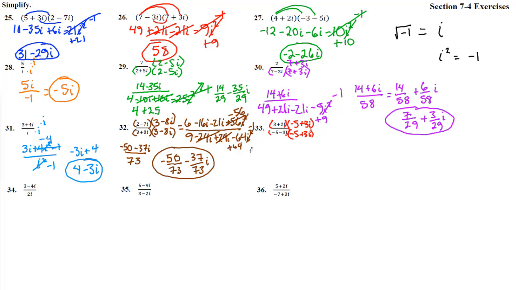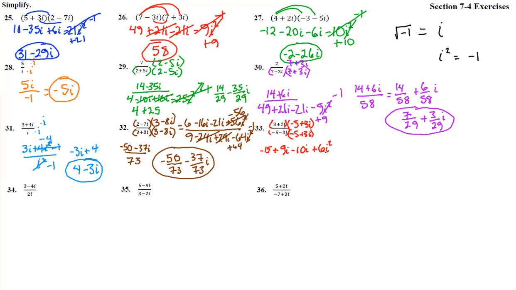And let's see what that comes out to be. On the top, we get 3 times the negative 5, that's negative 15. And then 3 times the 3i, that's plus 9i, minus 10i, and plus 6i squared.